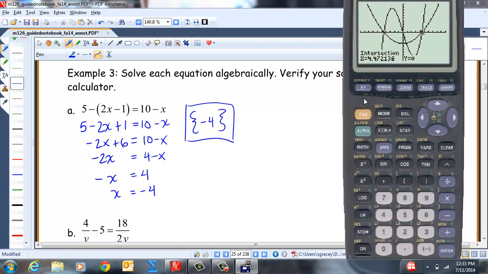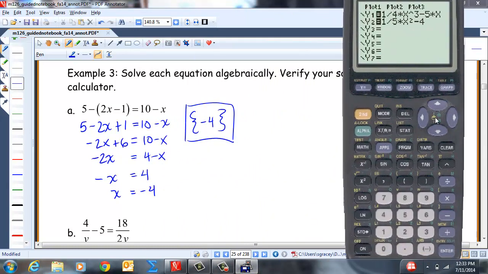So my y1 equals, if I clear this and this, 5 minus parentheses 2 times x minus 1 end parentheses. And then on my y2, I would have 10 minus x.